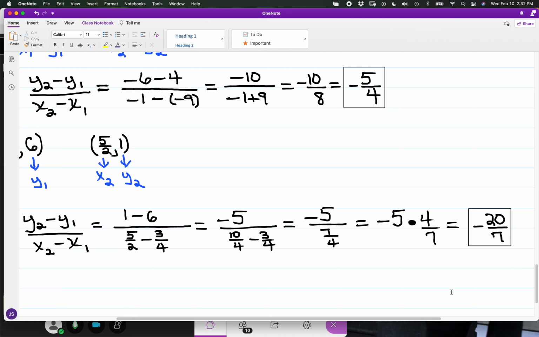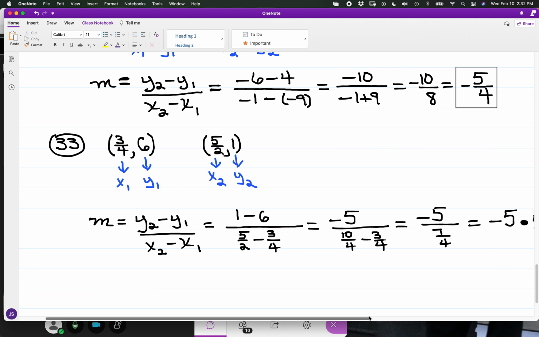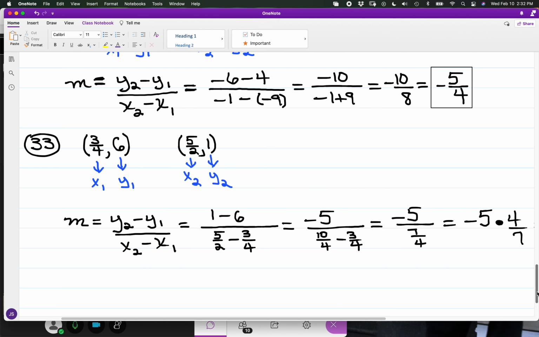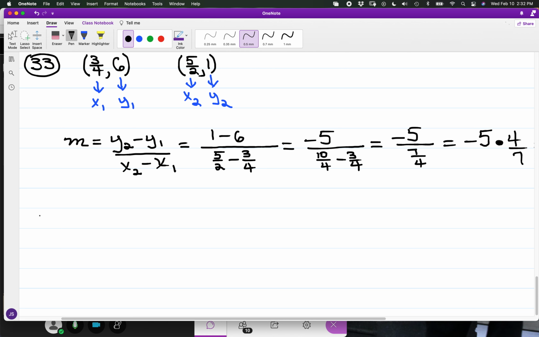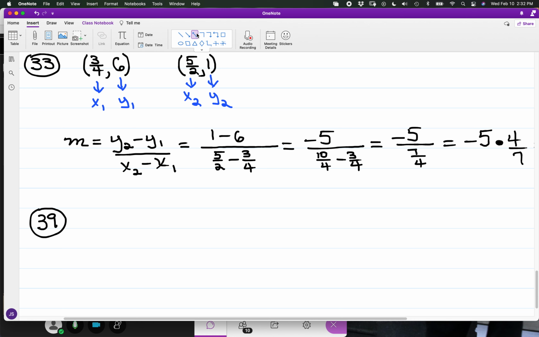Okay, so exercises 28 and 33, they call for the use of the slope formula. Now, what we have with number 39, you can still utilize the slope formula. Now, unlike 28 and 33, number 39 comes equipped with a graph.